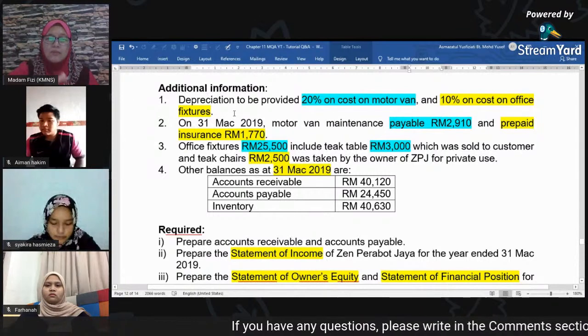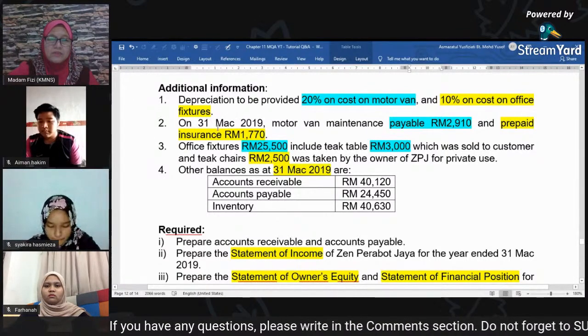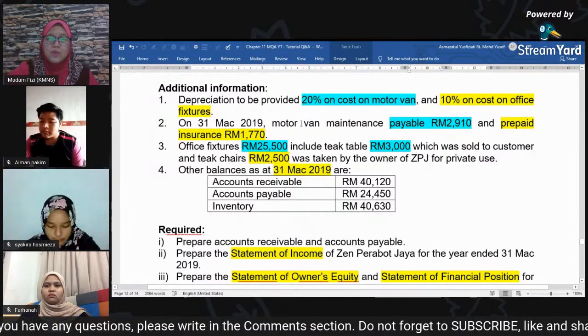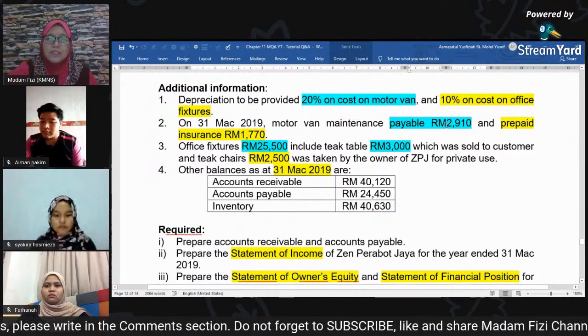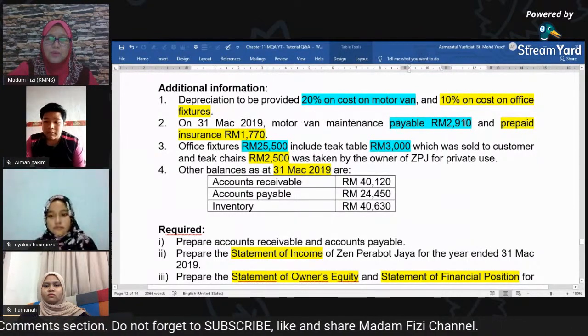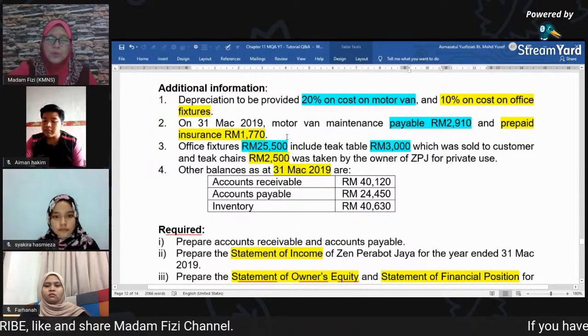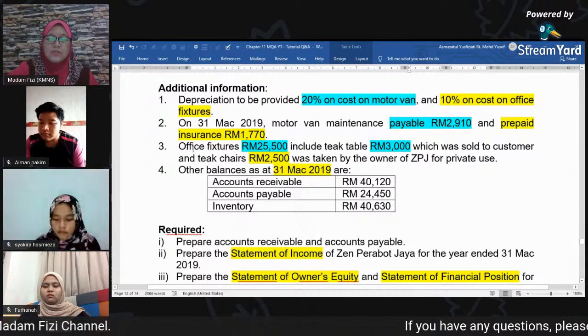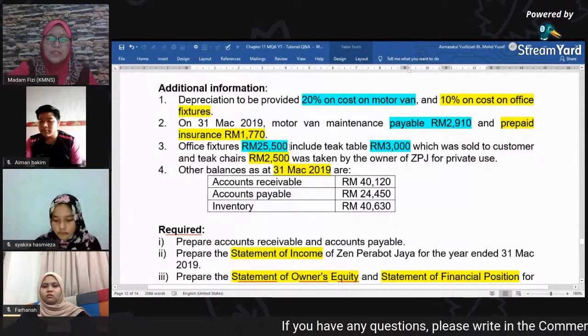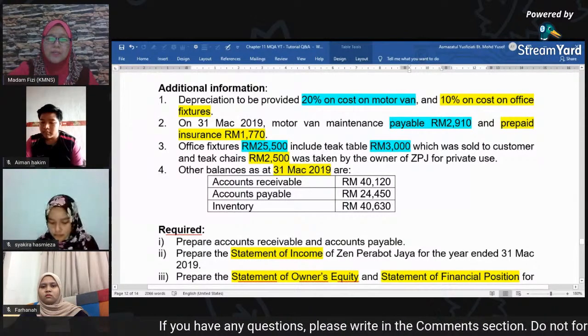Okay, so nanti you have to calculate. On 31st March 2019, motor van maintenance payable is 2,910 and prepaid insurance is 1,770. Number 3, office fixtures is 25,500, include take table.